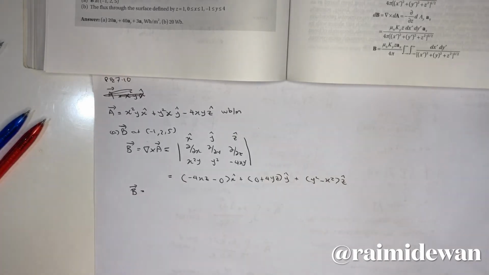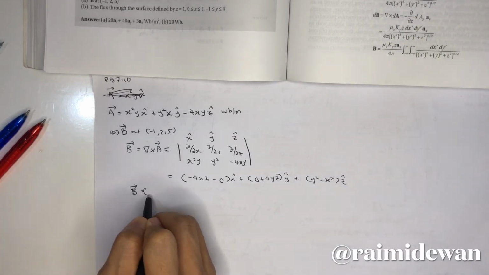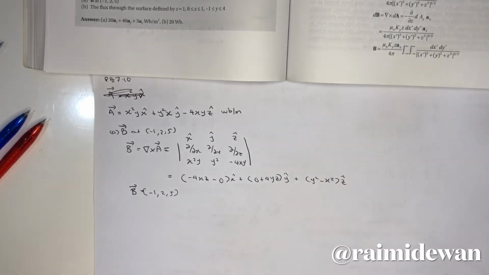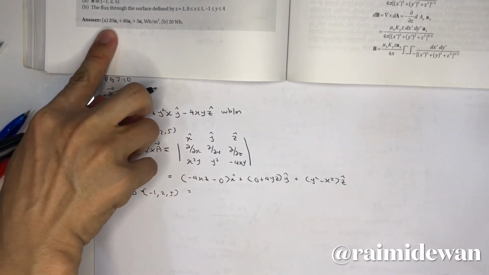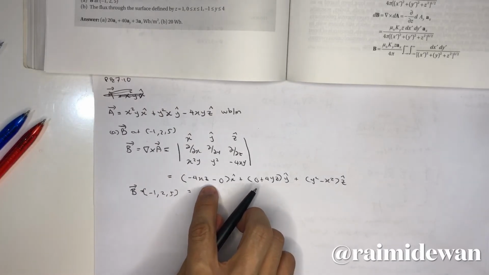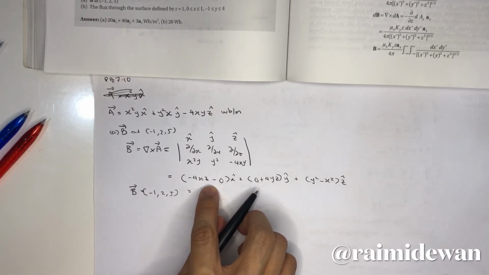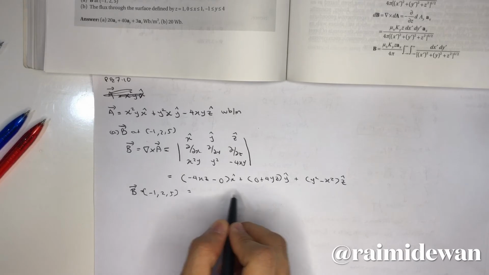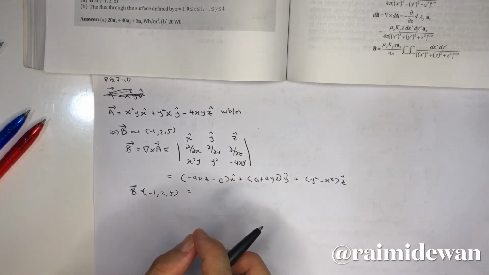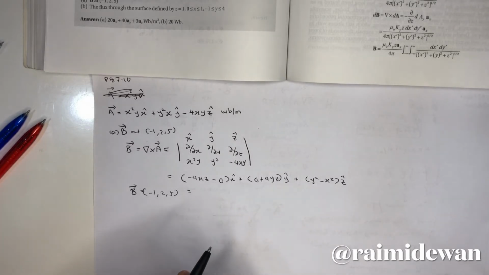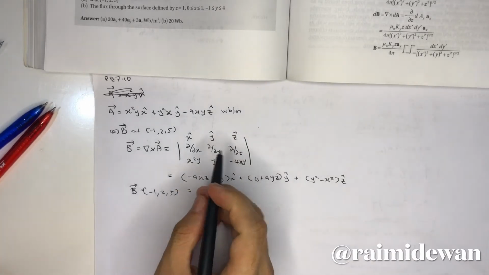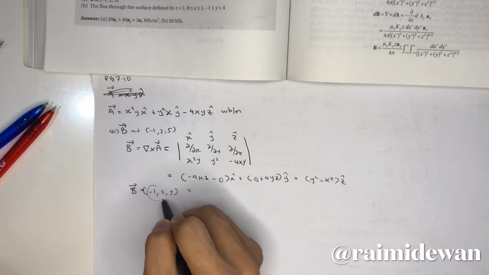For the B vector, we have negative 1, 2, and 5. Then we have this resultant value. You open the brackets, then you insert this value inside.